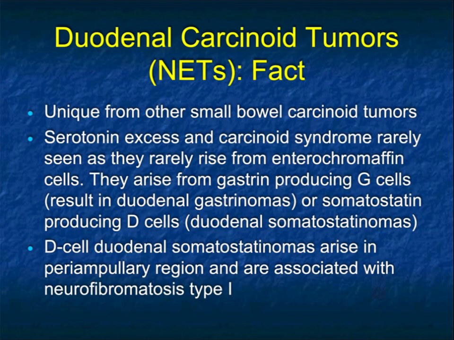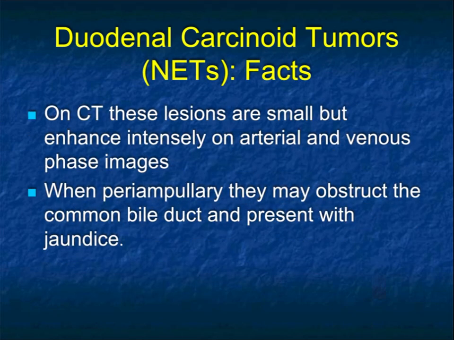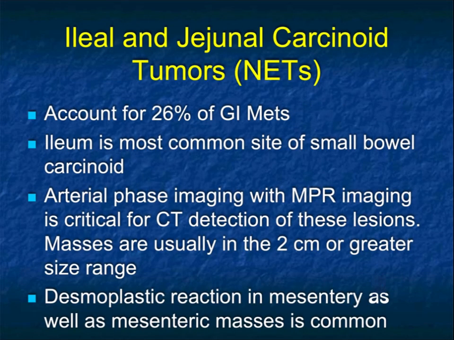D-cell duodenal somatostatinomas arise in the periampullary region and are commonly associated with neurofibromatosis type 1. So they are a little bit different. These lesions are typically small, but they enhance intensely. When periampullary, they can obstruct the common bile duct and present with jaundice. And if positioned correctly, these neuroendocrine tumors can look identical to a neuroendocrine tumor of the pancreatic head.